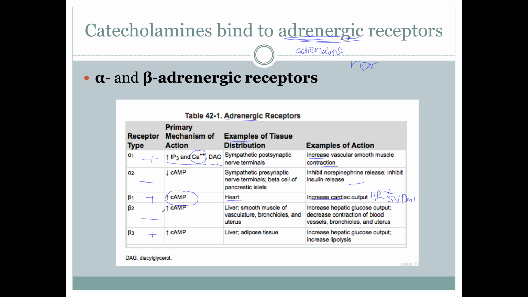All right. Beta 2 receptors are interesting, and depending on their location on the synapse, they can function in different ways. They do cause an increase of cyclic AMP activity, and depending upon where they are, they can do different things. You'll find beta 2 receptors on the liver, smooth muscle, definitely the bronchioles.